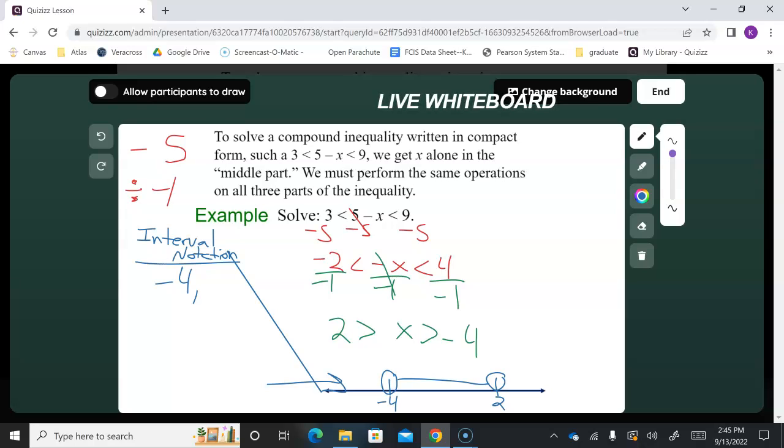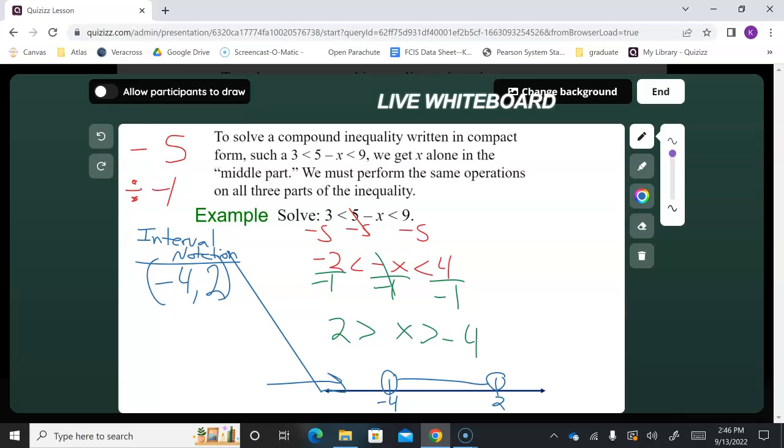So again, I'm trying to represent all numbers from -4 to 2. Parentheses. Okay, -4 to 2. And then what am I going to close it with? Another parentheses. Okay?